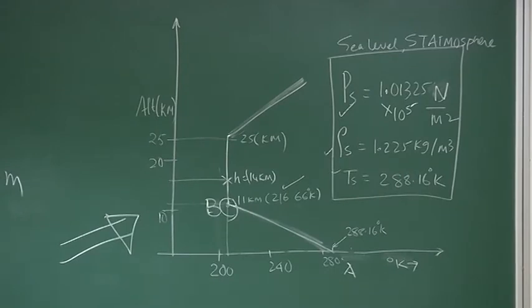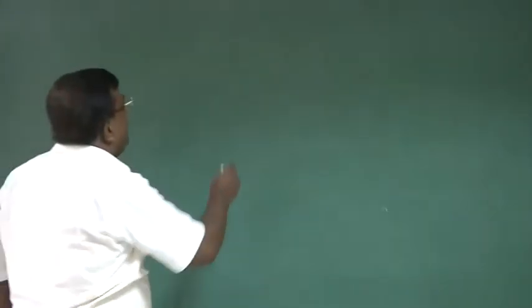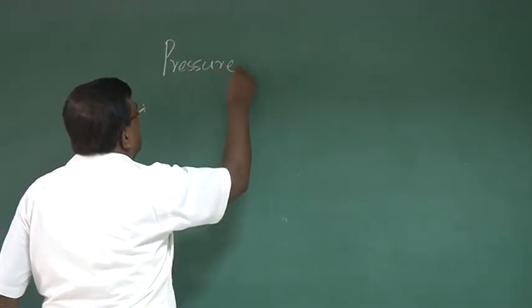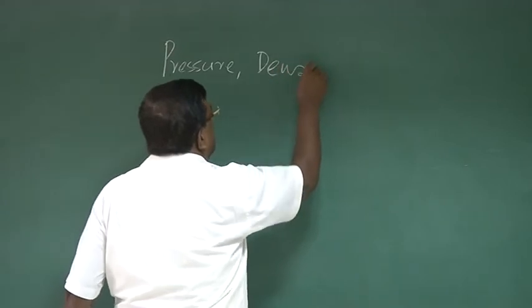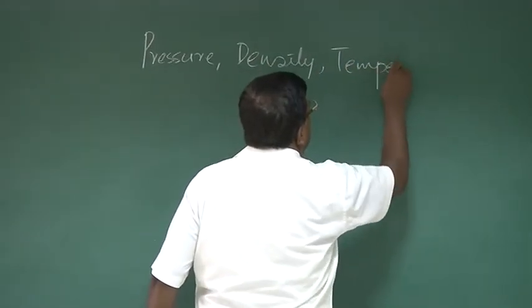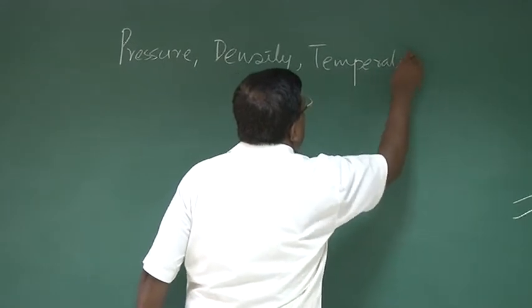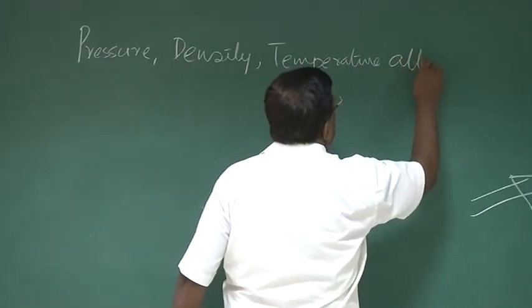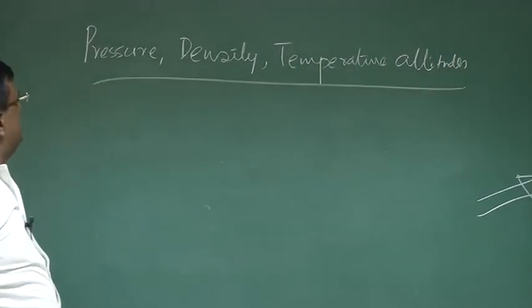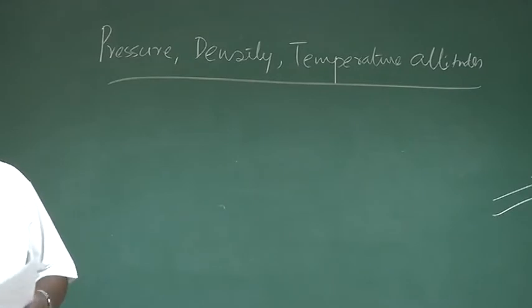Okay. Now second part, which also I want to solve a problem so that you are clear about in your mind what you are doing. We talked about pressure, density and temperature altitudes. Right? Let us quickly recap. What is the pressure altitude? What we are telling?